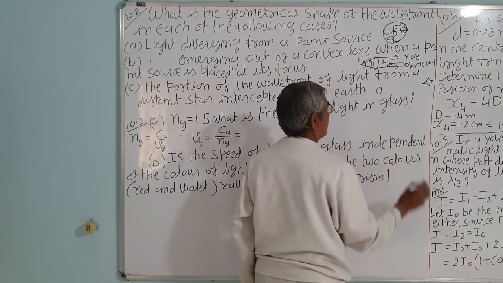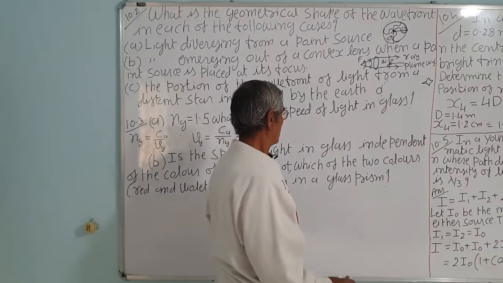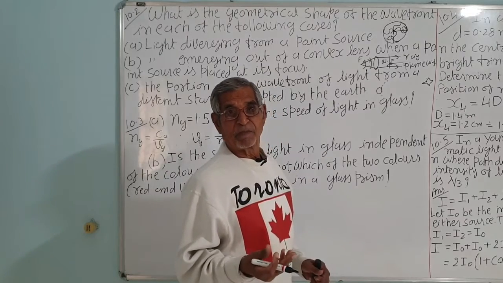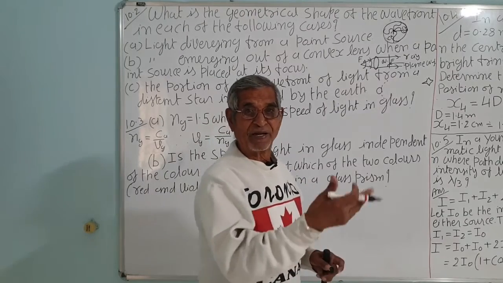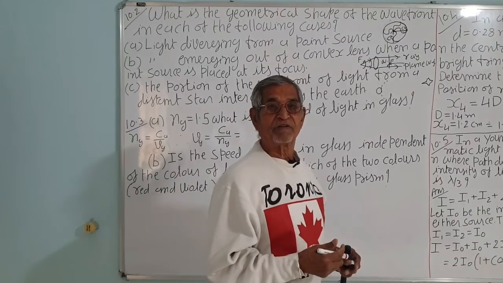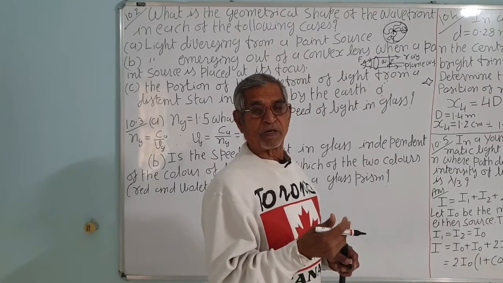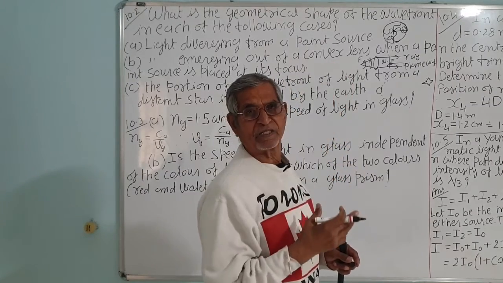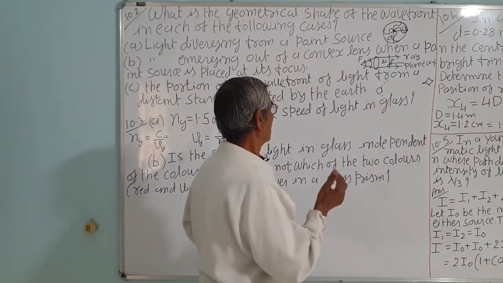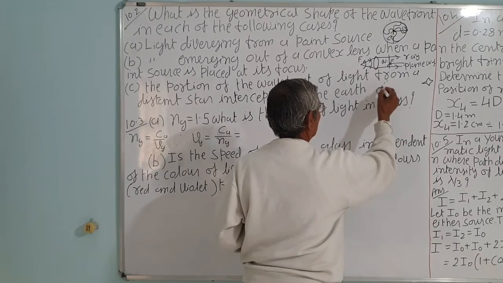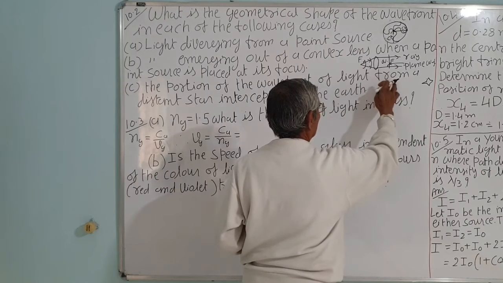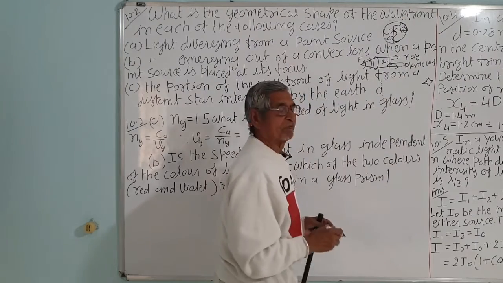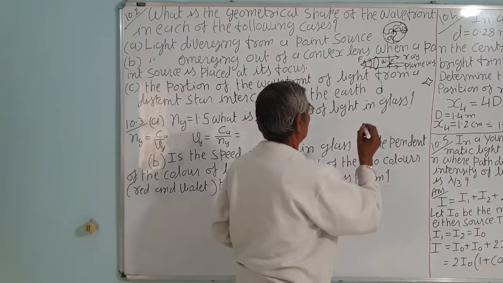So this small portion will be a plane wavefront, correct? As you take a small portion of even the Earth, then also the Earth is a big circle, it seems to be flat, like a plane. Similarly, the wavefront produced by the rays coming from the distant star will be a very big circle, so when intercepted by the Earth, it will be a straight line. It is almost straight, a very big circle. That is a plane wavefront.